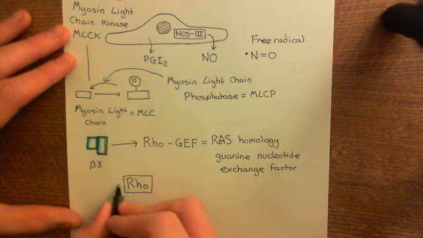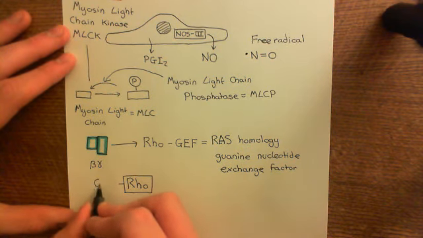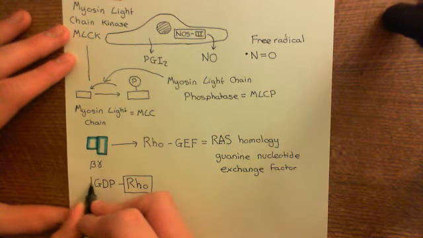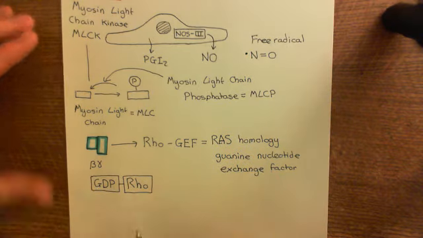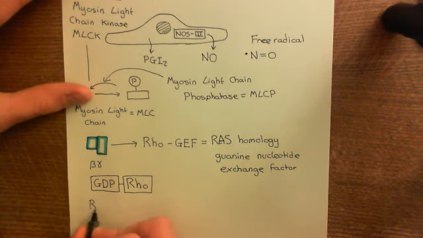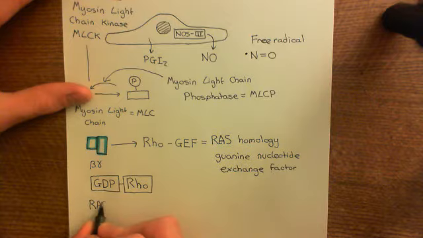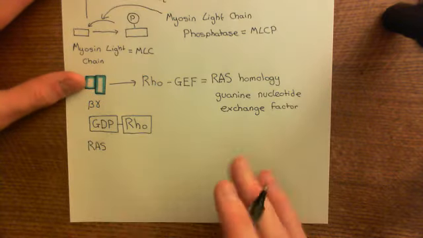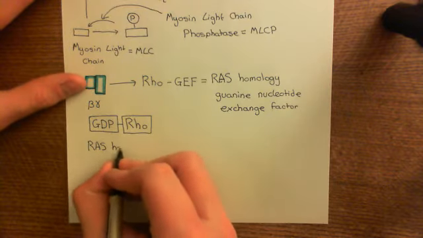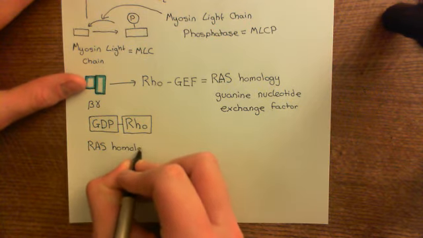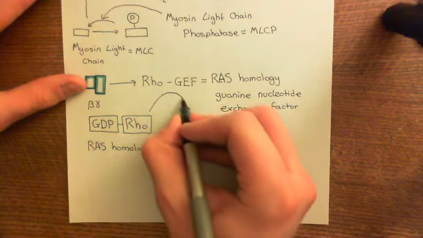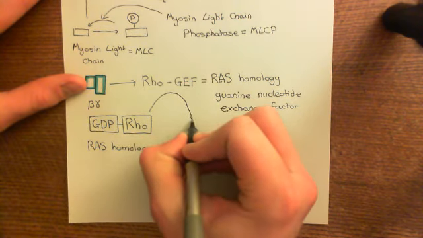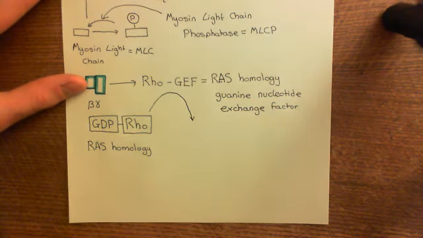This is a G protein, but it's a monomeric G protein, so it doesn't consist of 3 separate subunits, it's just one protein. So this is Rho, which, just to remind you, stands for the Ras homology protein. And Rho-GEF, or Ras homology guanine nucleotide exchange factor, is going to chop off that GDP.